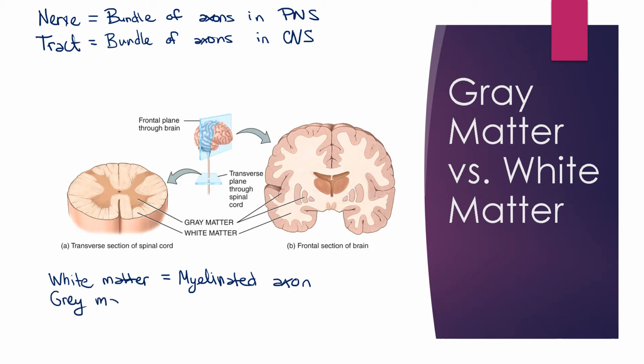Gray matter, on the other hand, is the part of the nervous system that contains neuronal cell bodies, dendrites, unmyelinated axons, axon terminals, and neuroglia. So it contains everything else.